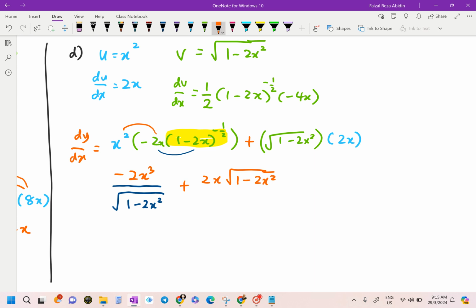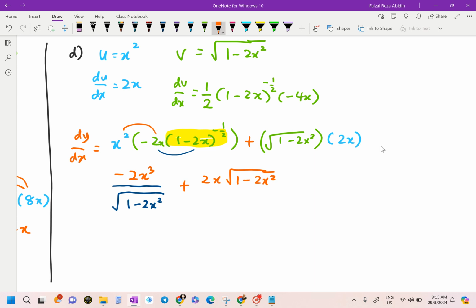So what happened next is, if you look carefully over here, I'm going to have the same denominator, because I want to add it, isn't it? So if I want to add it together, which means my 2x with square root of 1 minus 2x squared over here, I'm going to multiply it with it.